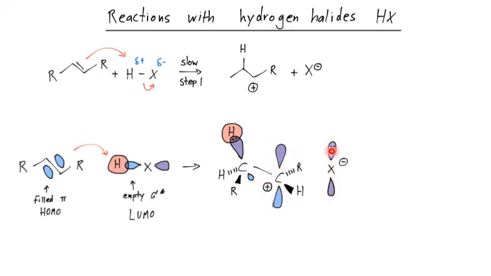And our halide anion here has a lone pair of electrons also in a p orbital.